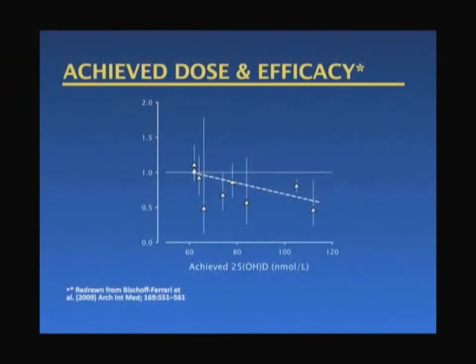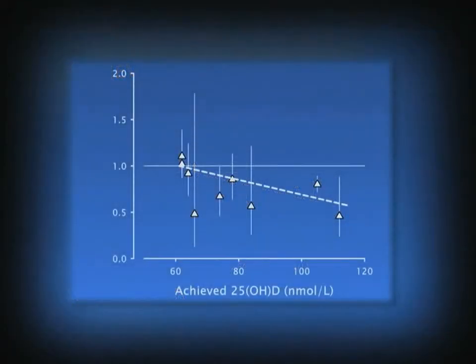Now, that's not the only set of data of that sort. This is a series of such trials with anti-fracture efficacy as the endpoint. And it shows an important point that the level of 25-hydroxy-D we can achieve in the patient is important in determining the results.